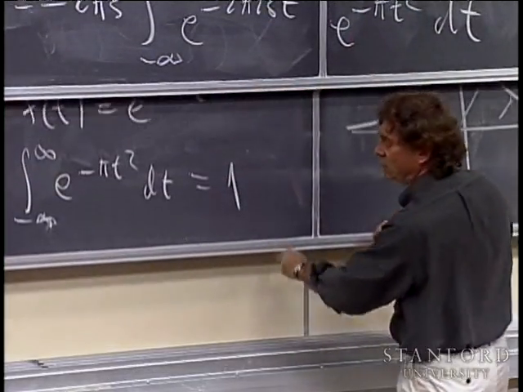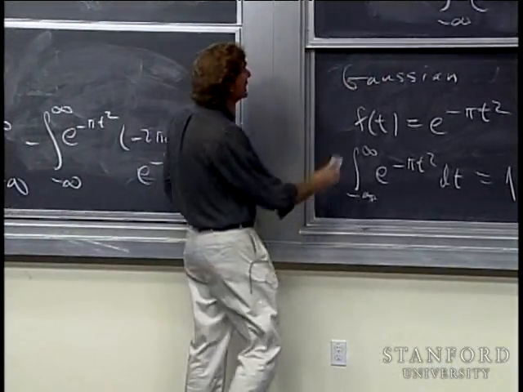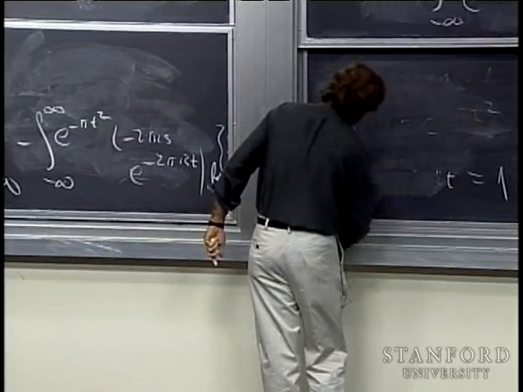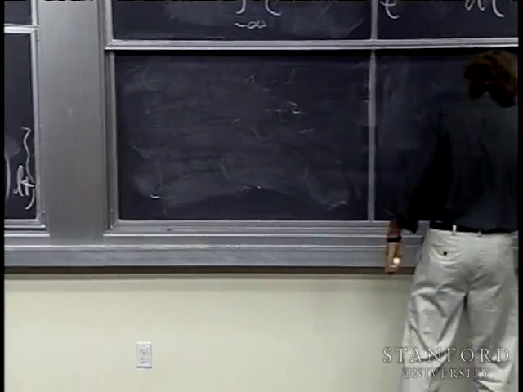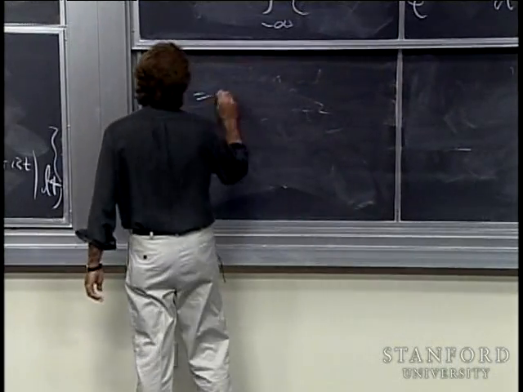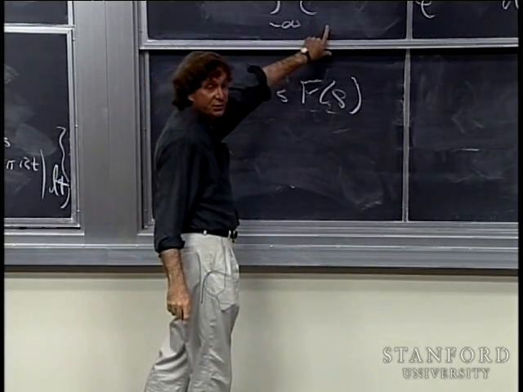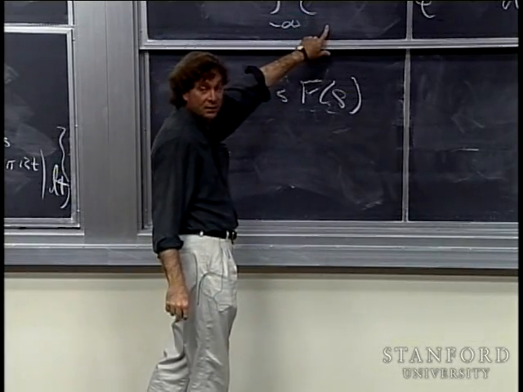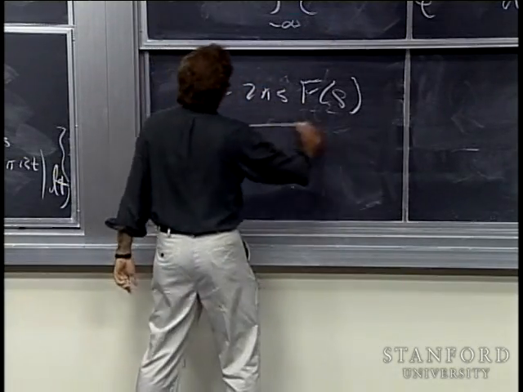All those years of education, all that work, what did it get me? Back to where I started. Except there's an extra factor out front. That is, this is equal to minus 2 pi s times F of s, the original Fourier transform. That integral is the Fourier transform of the Gaussian, the integral from minus infinity to infinity of e to the minus 2 pi i st times e to the minus pi t squared. So what have I shown here?